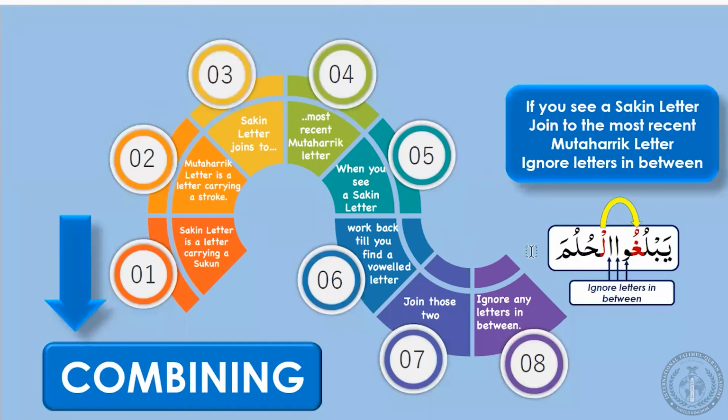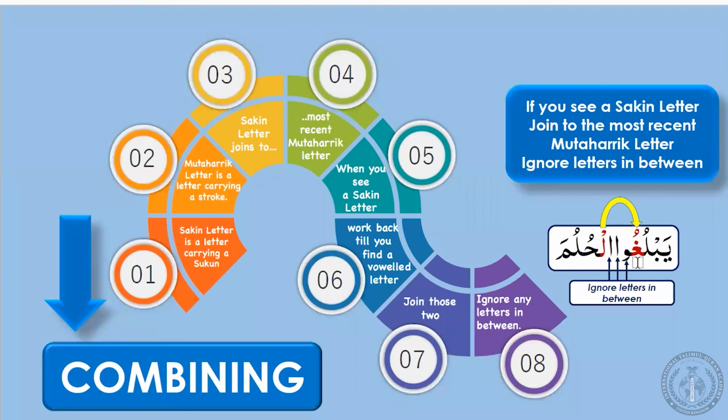So over here, let's remind ourselves of the example that we had a look at, this ghain. So we look at the letters here. I've got a lam with the sakin, so I need to join it to a letter prior to it. Now I've got alif, it's blank, hasn't got a stroke, so I have to ignore it. Got another alif, ignore it because there's no stroke. Vowel, not a mutaharrik letter because it has, again, no stroke.